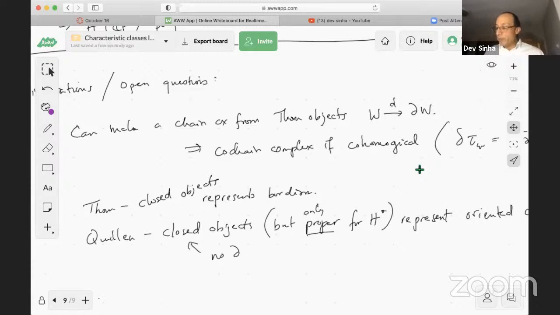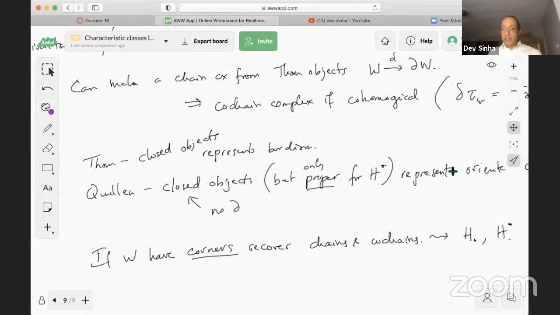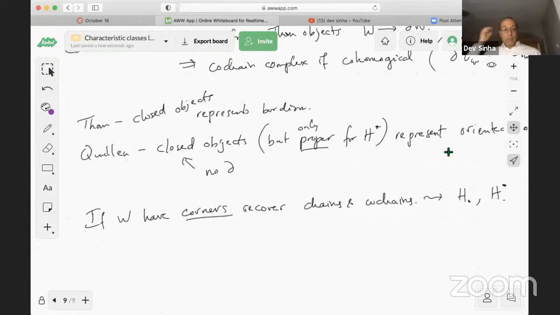So what we can do is, if the W's have corners, so that would include simplices, we can recover chains and cochains that calculate homology and cohomology, not cobordism. So you can check that in particular, Stokes theorem holds.